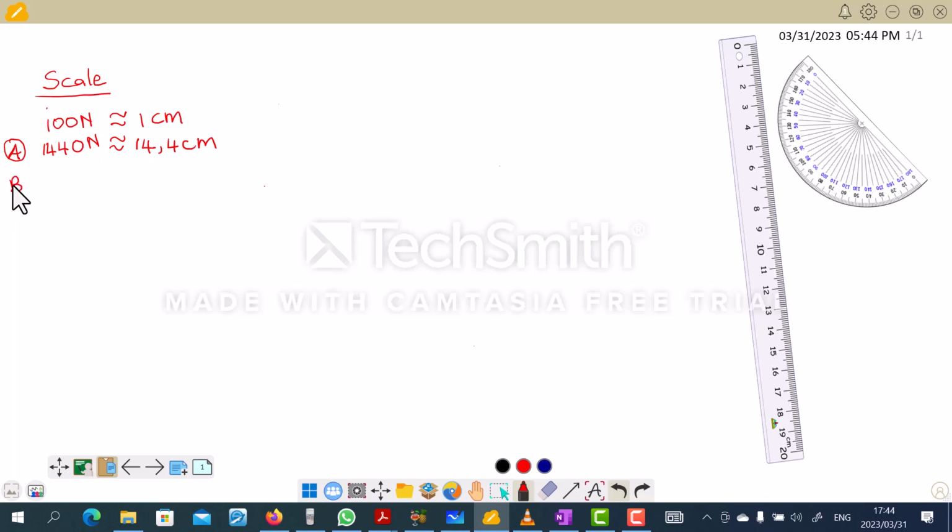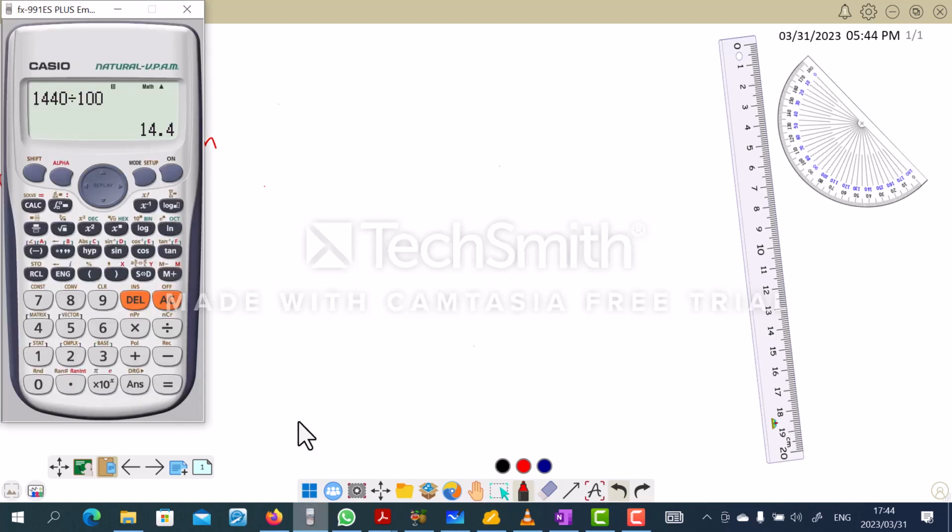Now let's look at vector B. Vector B is 1284.95 newtons. In centimeters, it will be equivalent to 1284.95 divided by 100.